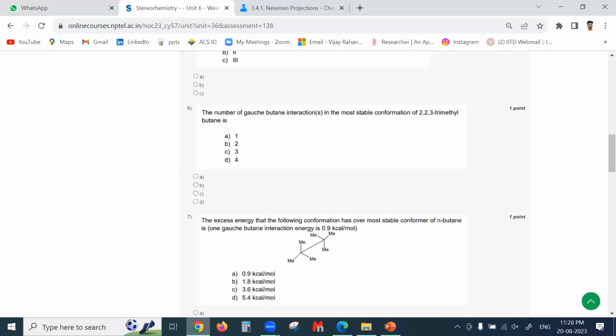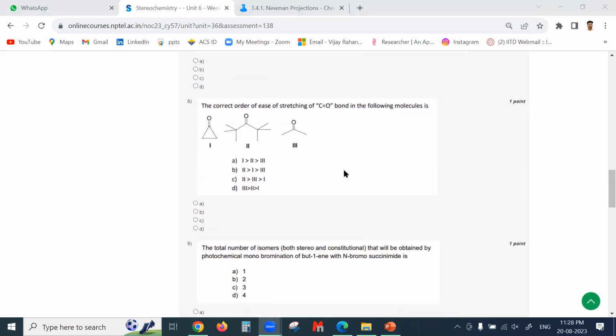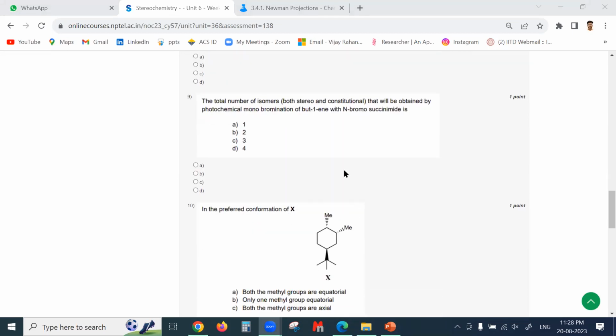All right. We should not solve all the assignment questions here, but I will just discuss question 9 in assignment 4. What's question 9? See, they have given the total number of isomers, both stereo and constitutional, that are obtained by the photochemical monobromination of but-1-ene with N-bromosuccinimide.